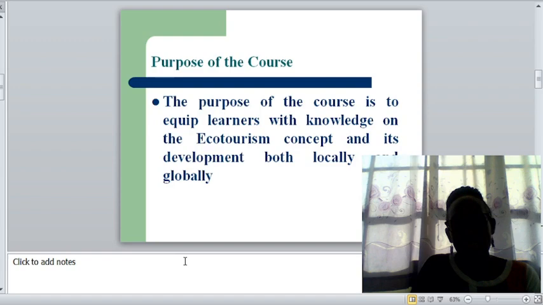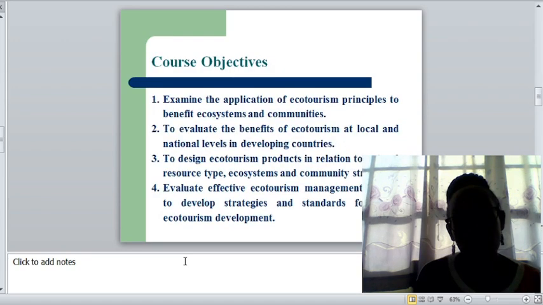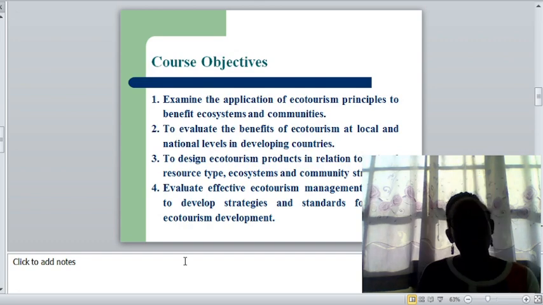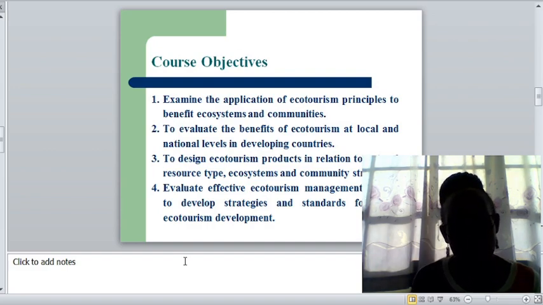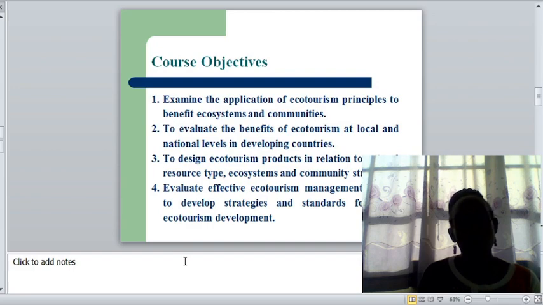The course objectives include: to examine the application of ecotourism principles to benefit ecosystems and communities, to evaluate the benefits of ecotourism at local and national levels in developing countries, to design ecotourism products in relation to natural resource type, ecosystem, and community structure. And lastly, to evaluate effective ecotourism management models to develop strategies and standards for local ecotourism development.